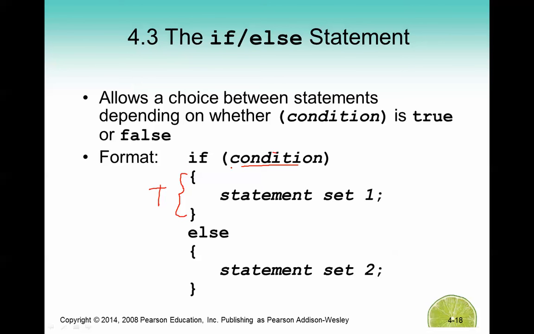If the result of this condition is false, then this is the set of statements that are going to be executed. And we're going to be adding a keyword, the else keyword, in between. So in our example, it will be if final grade is greater than or equal to 70. If it's true, we're going to be sending you pass the class. If it's false, then we're going to be sending you failed the class.